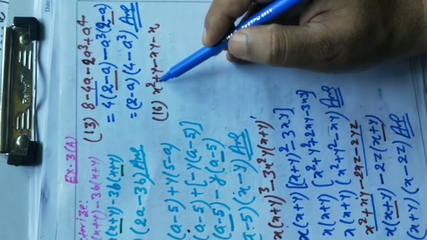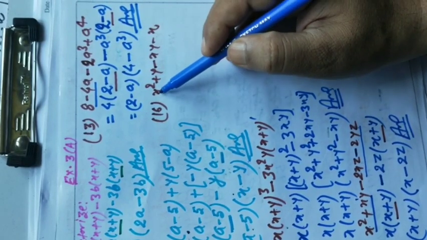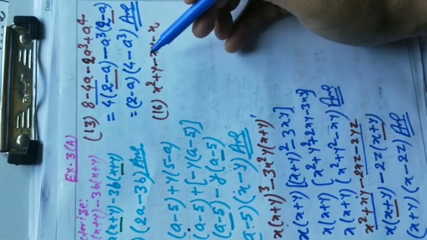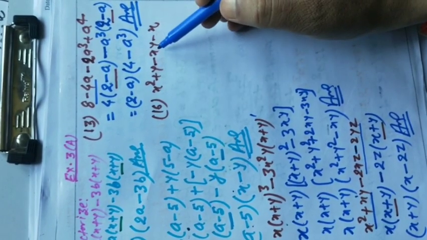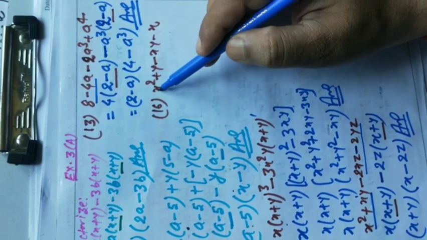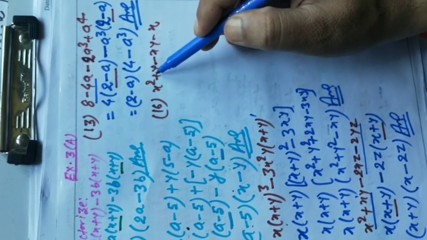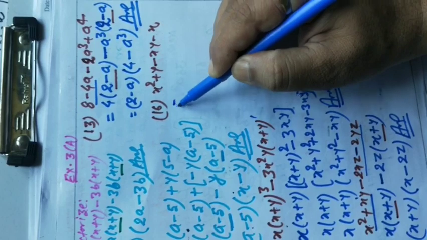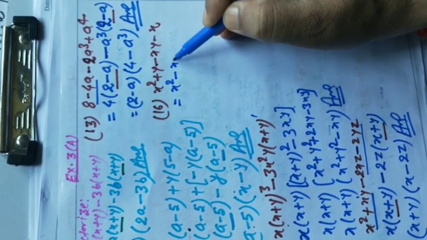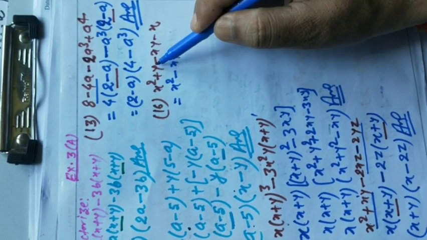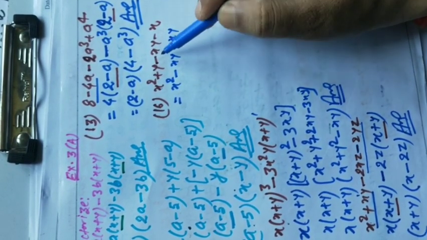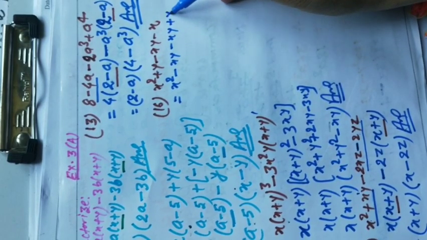Because in these two terms nothing is common. X square is there and y is here. So in x and y nothing is common except 1. And in these two terms x is common. But in these two terms nothing is common. So you have to rearrange it. So let us write x square and minus xy here. Okay, and then minus xy is written here and plus y.